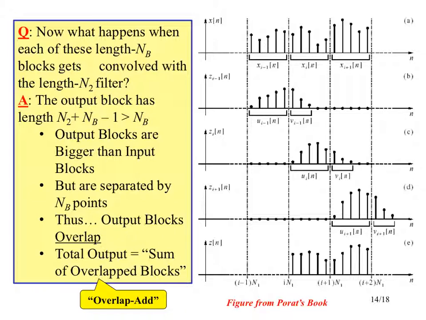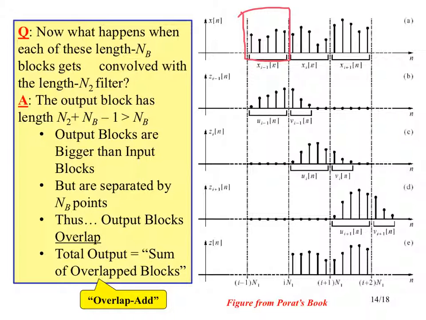So what happens when we take one of these input blocks and convolve it with a length N2 filter? So let's take this block here, which we're showing has 5 samples. Now, we're going to do this convolution using the trick with DFT processing, but we're making sure that the trick is set up with zero padding so that we get the appropriate linear convolution.